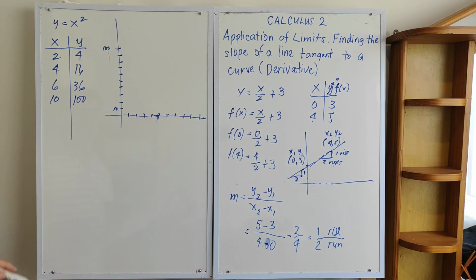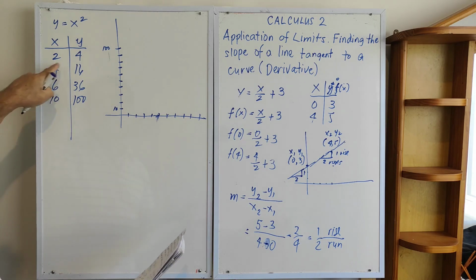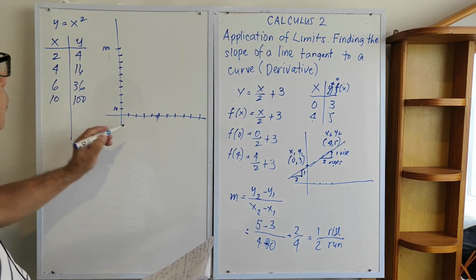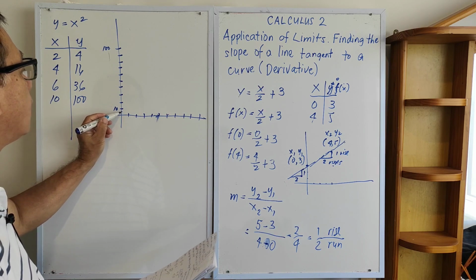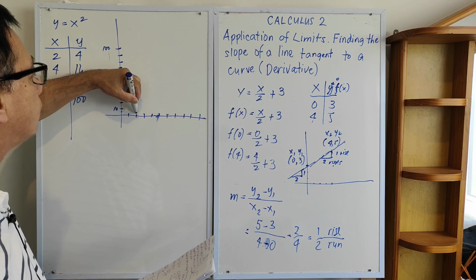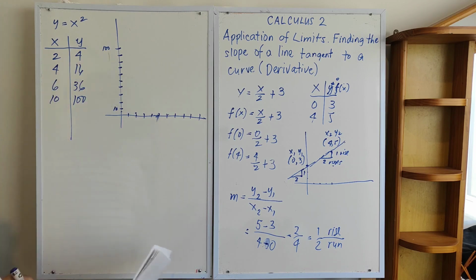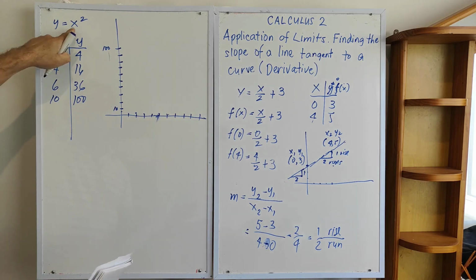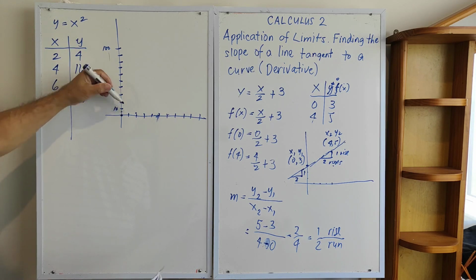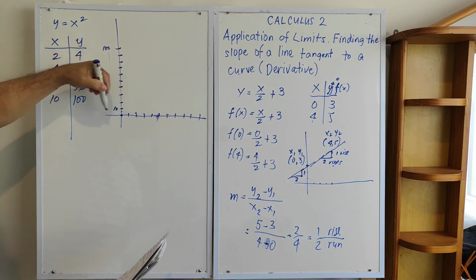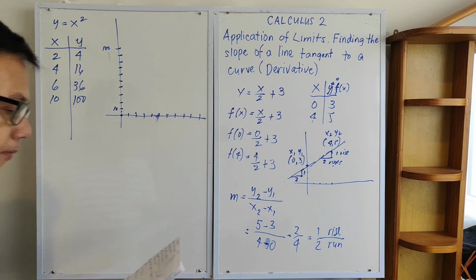So let's plot this 2 and 4. Your 2 will be here, but for your y, half is 5, so your 4 will be slightly lower. Actually, if x is 0, 0 squared is 0, so there's the first point in here. This is a parabola, by the way, which opens upwards.